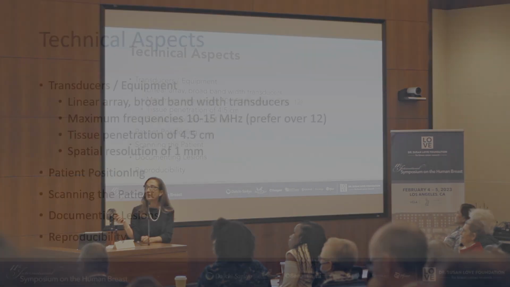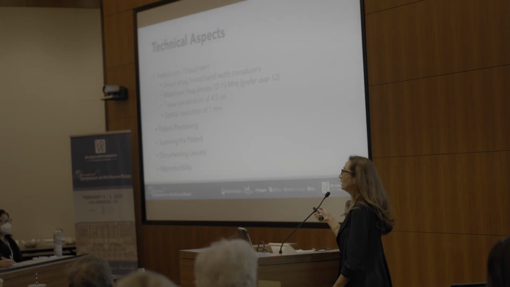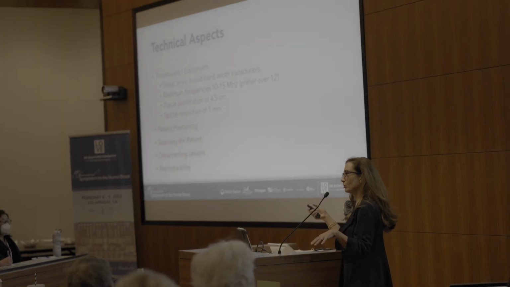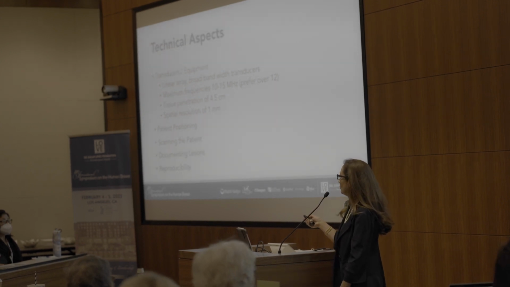Just some technical aspects. Depending on the part of the body you're looking at with ultrasound, the transducers vary. For the breast, we use a linear array, with frequencies between 10 and 15. Patient positioning is important. As you saw in the prior picture, the patient is lying down with her arm up over her head. Scanning, documenting lesions, and reproducibility are all very important.